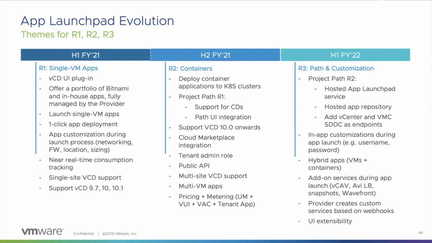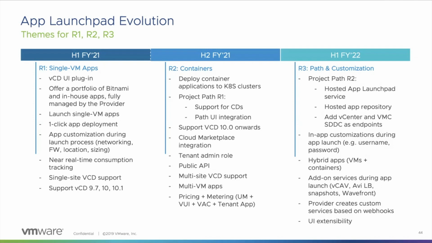Then if we look to the future, obviously these things are all subject to change as we get through the development process. But the theme for version 2 of App LaunchPad, or release 2 rather, is containers. So that would be support for deploying container applications to existing Kubernetes clusters through the App LaunchPad user interface. So we want to have VM applications and container applications within the App LaunchPad experience.